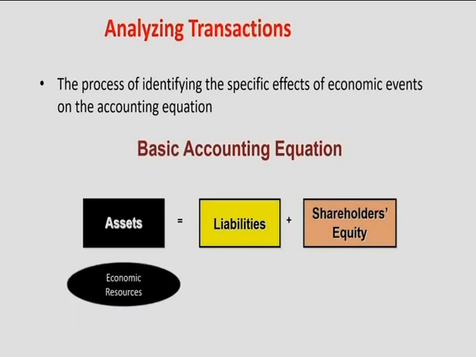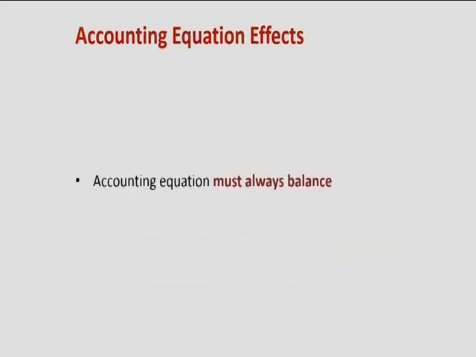Asset is an economic resource that a business uses, and liabilities and shareholders' equity are the claims on the economic resources. Therefore, as the business performs its tasks by using the assets, the business has to pay the liability holders and the shareholders of the company.